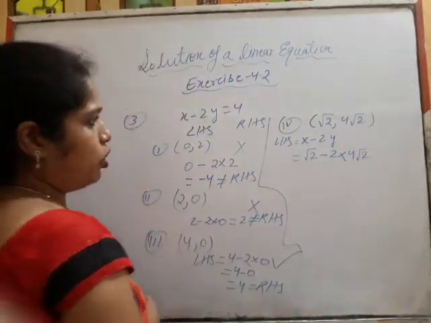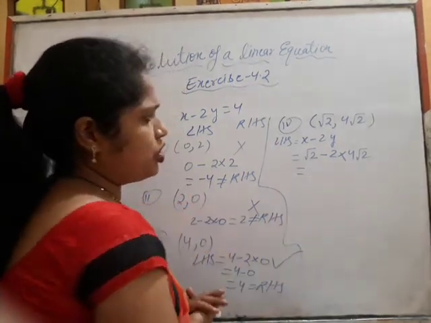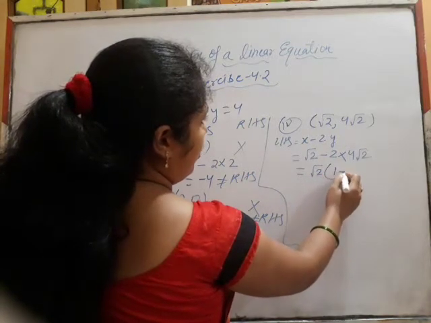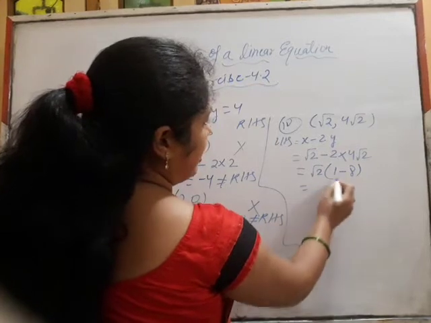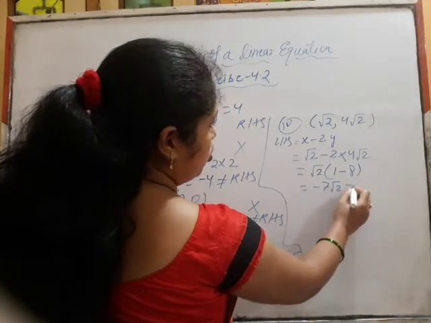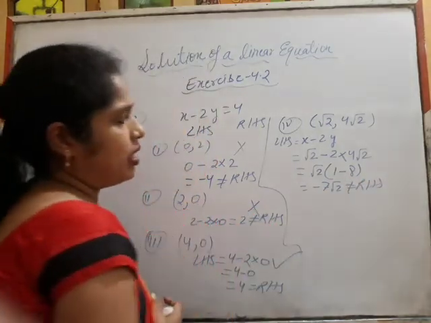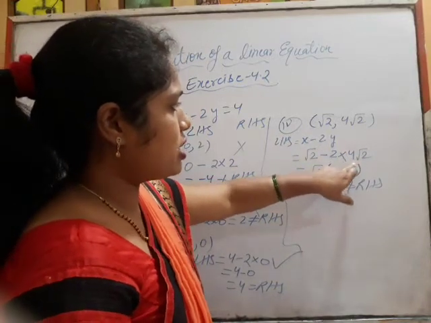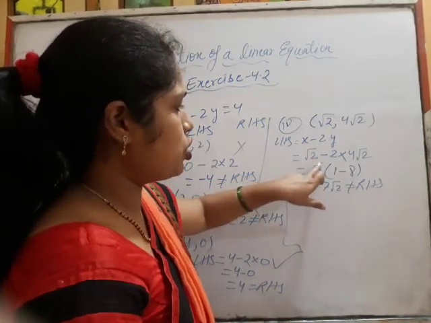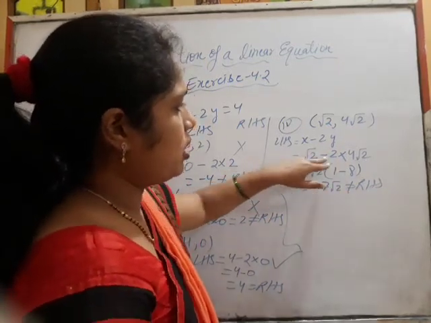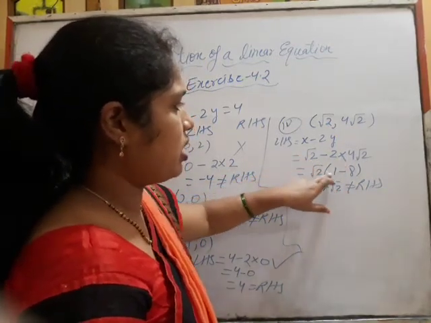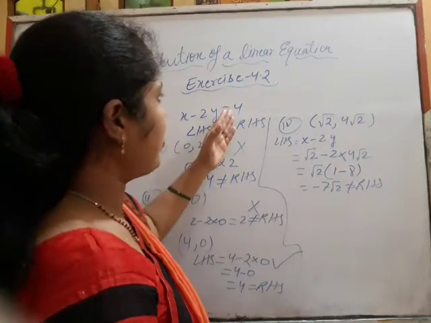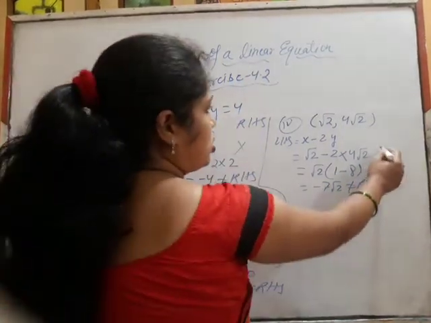If we take root 2 common, 1 minus 4 twos are 8, so 1 minus 8 is minus 7, giving minus 7 root 2, which is not equal to RHS. Our RHS is 4. So this is also not a solution.